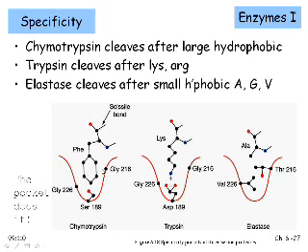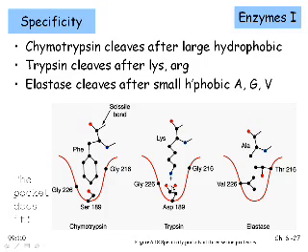So in chymotrypsin, which tends to cut after large hydrophobic amino acids, it's a fairly large pocket, and it's got inside of it two glycines and a serine. Serine is an alcohol. It's not terrifically hydrophilic. It's not like a charged group or something. It's tolerated by the large hydrophobic groups. Trypsin, by contrast, is the one that cuts after lysine or arginine.